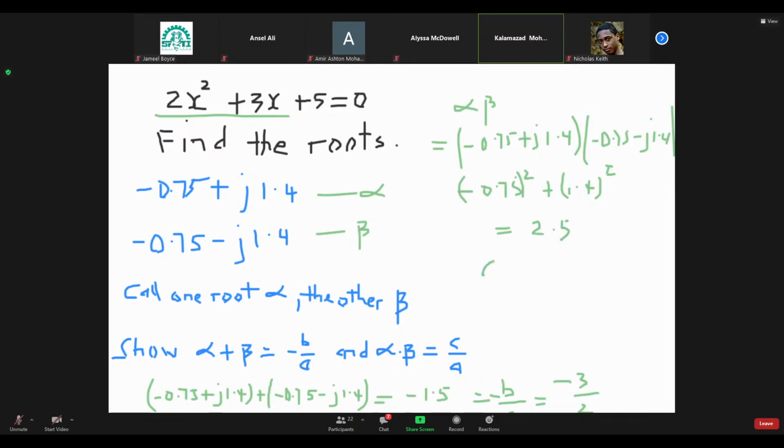All right, and c over a is 5 over 2, from up here. c over a, which is 2.5. Now there's a reason for that, and that's the next part of the question.